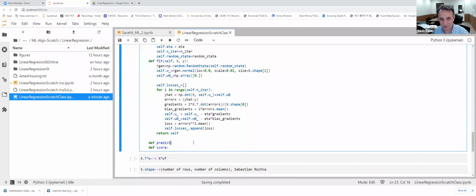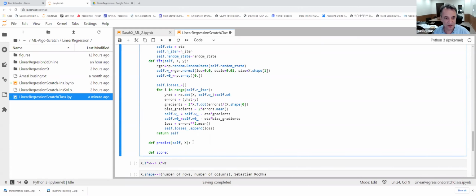So let's use this predict. For prediction, what I need is self always, because it's a function inside the class, and then X. Let me just copy this. Okay, I just copied it.